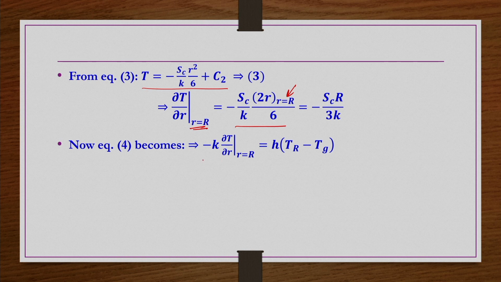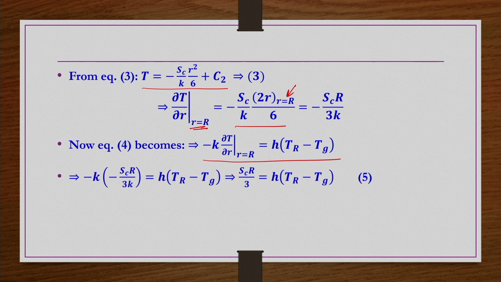Now, minus k dou T by dou R equals h (T_R minus T_G). In place of dou T by dou R at R equals capital R, we substitute minus Sc R by 3k. So, minus k multiplied by minus Sc R by 3k equals h (T_R minus T_G). So we get Sc R divided by 3 equals h (T_R minus T_G).